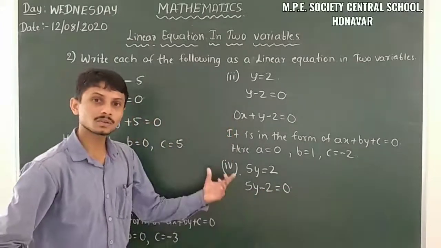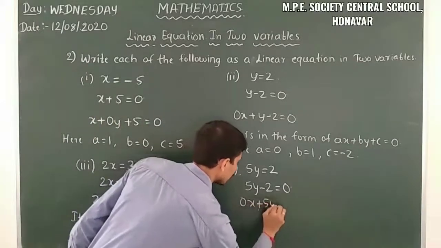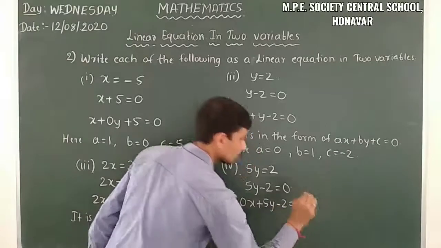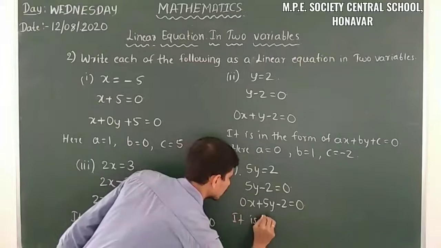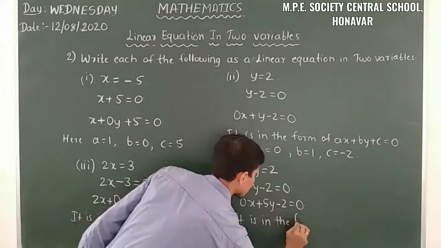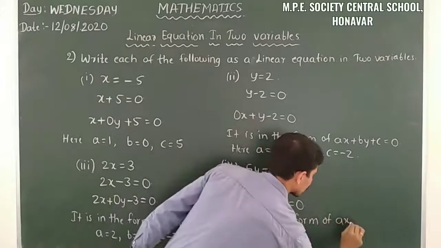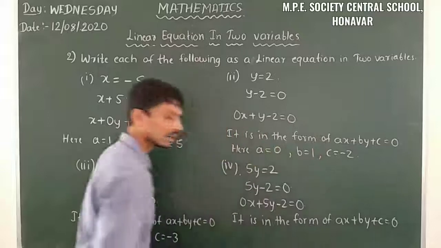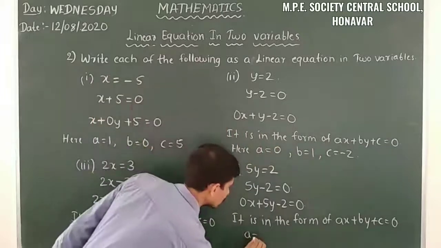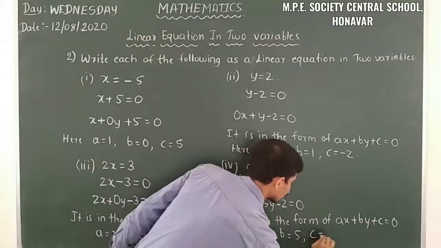Then we have to take the coefficient of x as 0: 0x plus 5y minus 2 is equal to 0. It is in the form of ax plus by plus c is equal to 0. Here the value of a is equal to 0, b is equal to 5 and c is equal to minus 2.